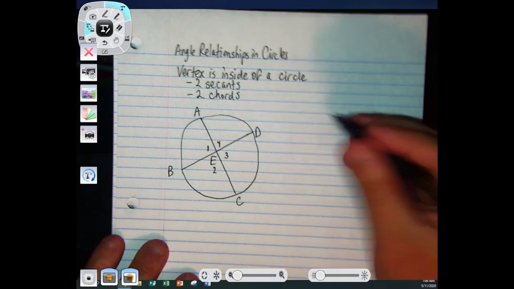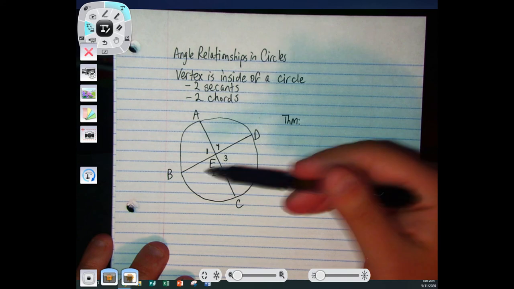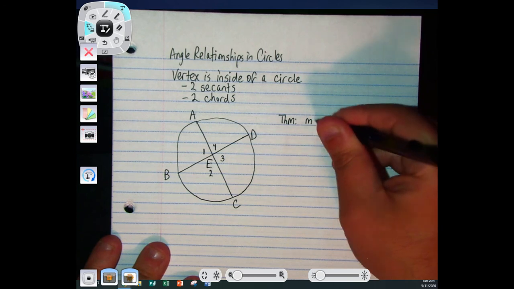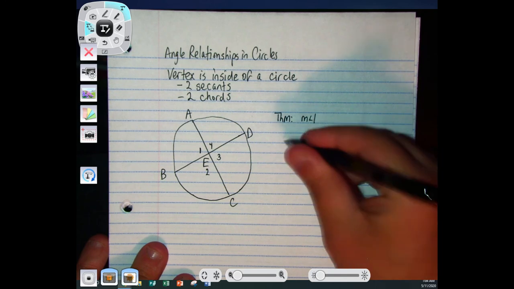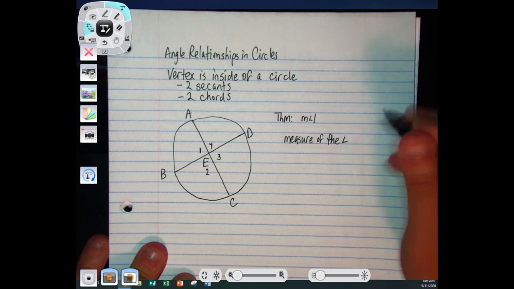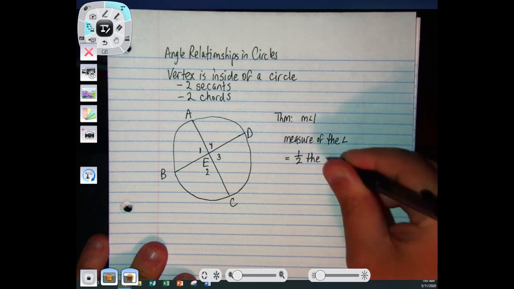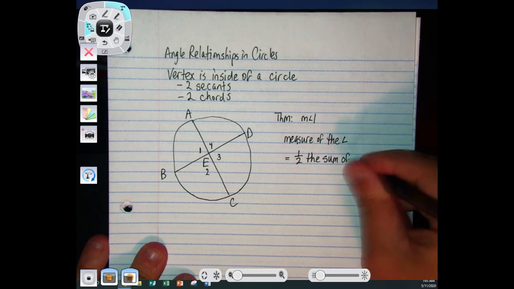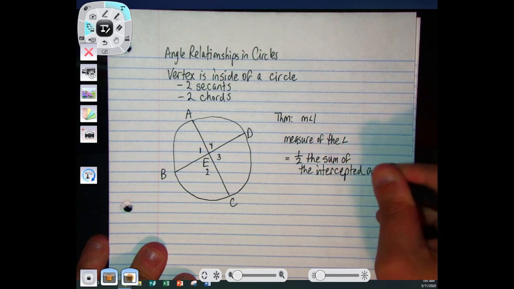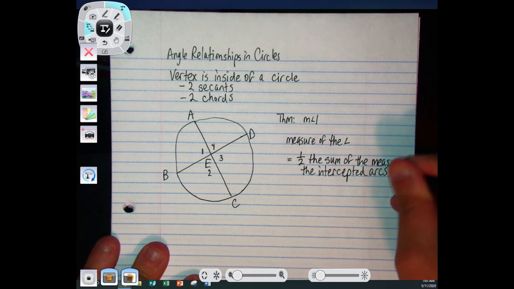So we have a theorem that says that if I have two secants or two chords that intersect in the interior of a circle, the measure of one of these angles formed, so for example the measure of angle 1, is equal to half the sum of the measure of the intercepted arcs.